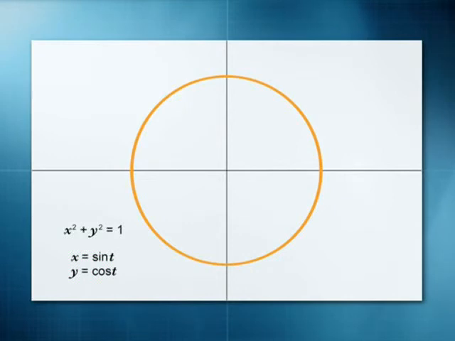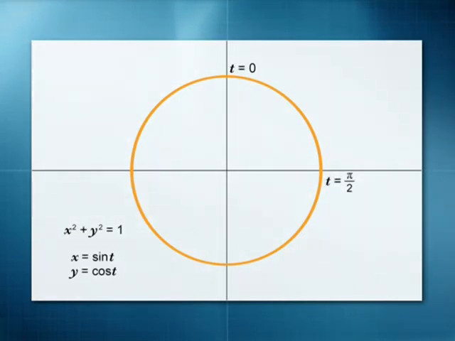We've lost the orientation when we eliminated the parameter, but we can check it by going back to the original equations. When t is 0, where are we on that circle? Well, when t is 0, x is 0 and y is 1. So we're up at the top. But how about when t is pi over 2?